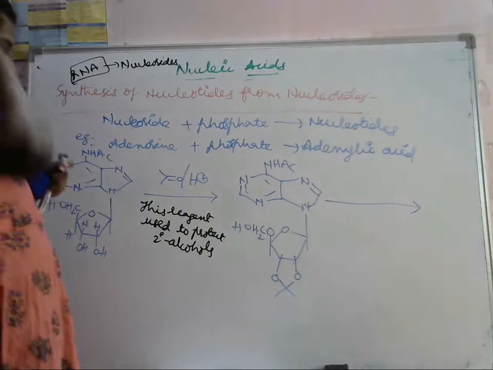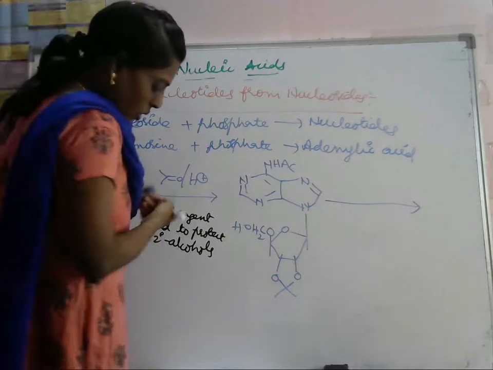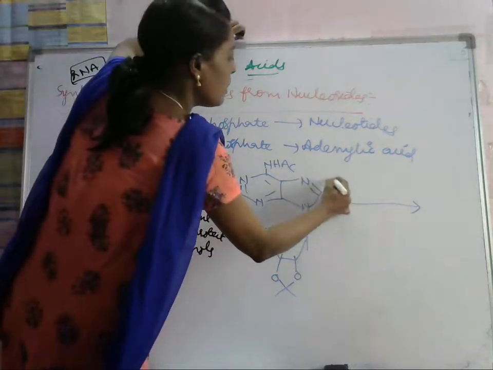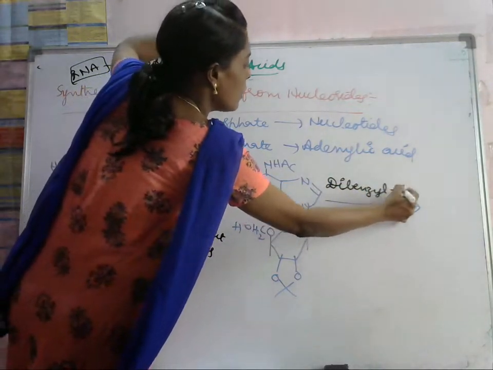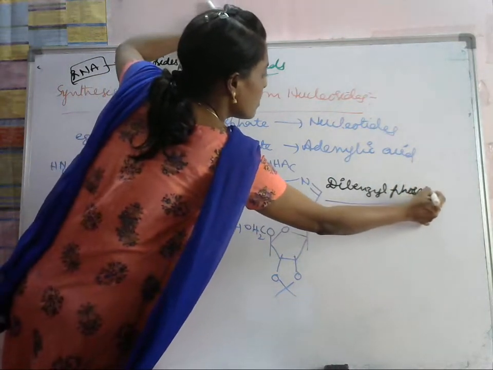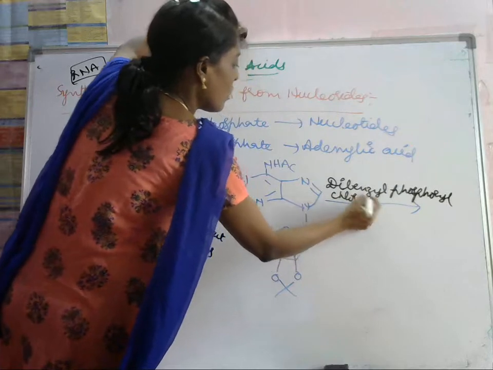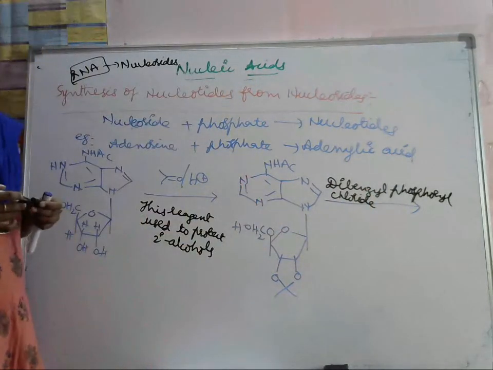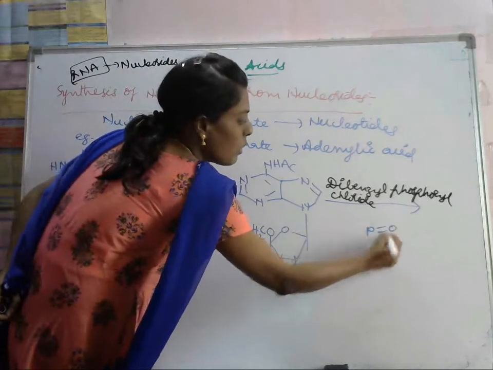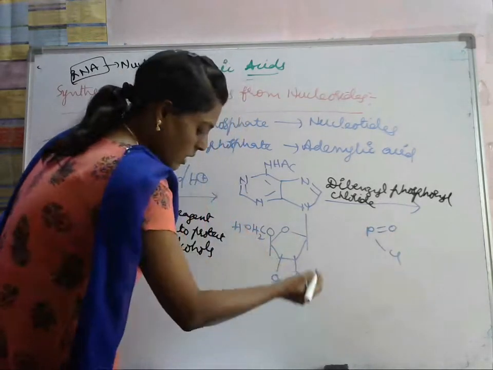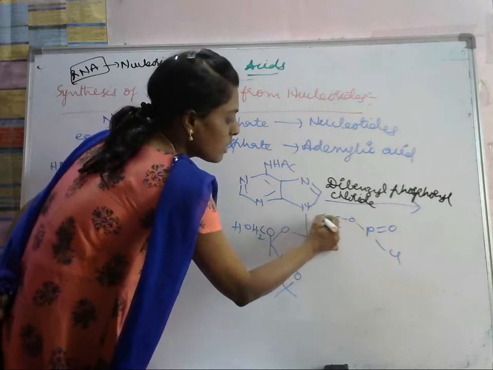If it is treated with dibenzyl phosphoryl chloride, so what is dibenzyl phosphoryl chloride? Here P double bond O is there, Cl is there, and here OCH2Ph.